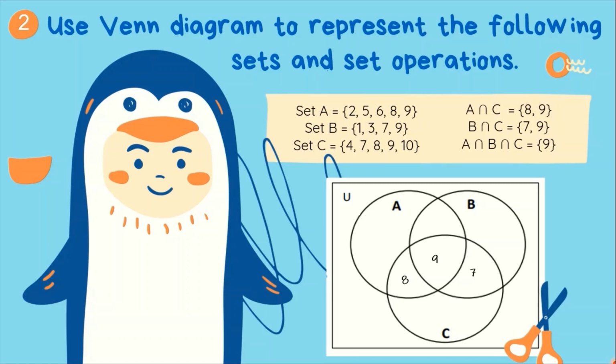So, ngayon naman, let's focus on set A. Aside from 8 and 9, set A also have the elements 2, 5, and 6. So, ang set A ay may 5 elements. So, may 5 number na nandito sa kanyang bilog. For set B, aside from 9, we also have 1 and 3.